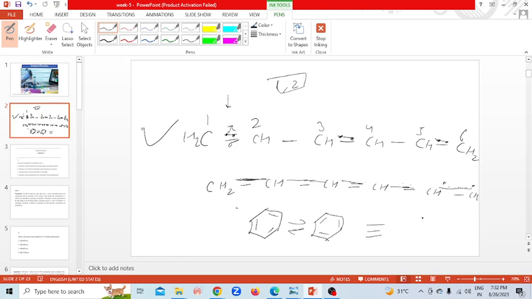So if you are drawing the benzene structure, you can say, sorry, it is not outside, it is only inside, like that. This is the electron cloud which is spreading among all these carbon atoms. This is called conjugation. This is also called a resonance structure.